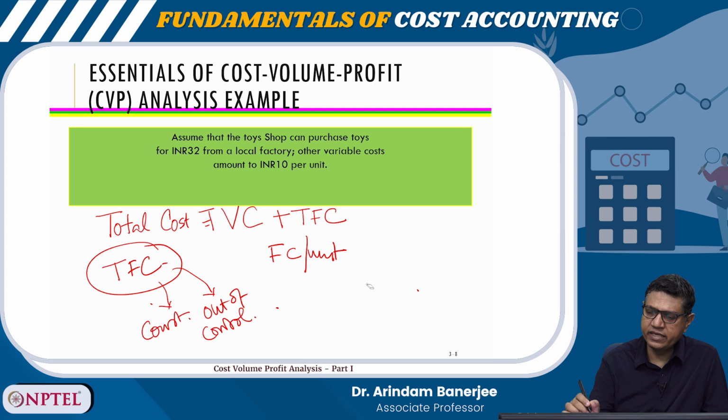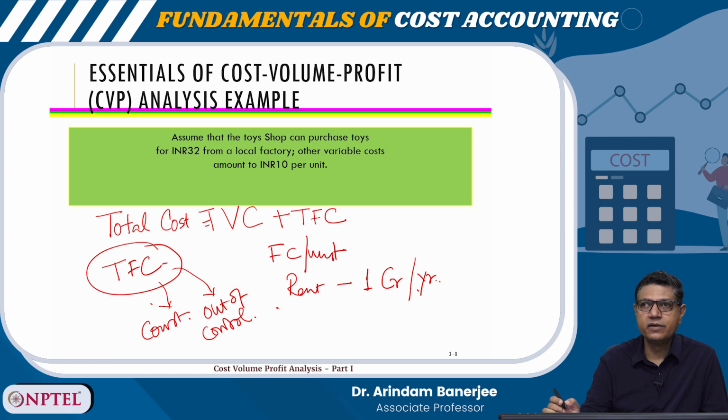So, say in our example, say factory rent is say 1 crore per year, right, and in a year if I produce 1 lakh units, so my fixed cost per unit will be 1 crore by 1 lakh, right.